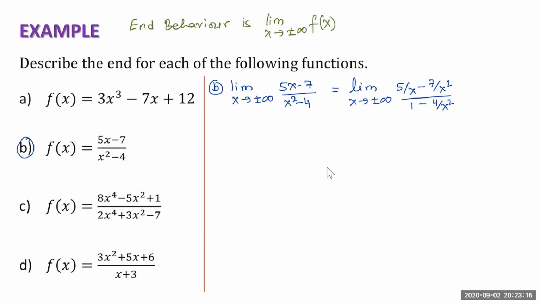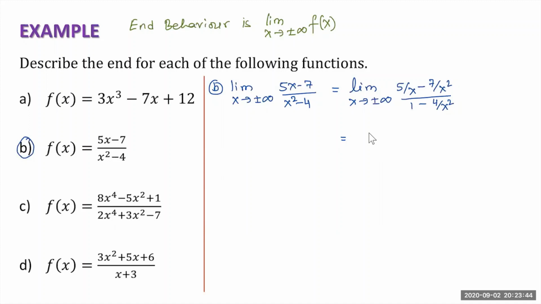Now let's find out what we'll get. If you look at this carefully, when you plug in a very big positive or negative number, you are dividing 5 by a large number. Whether it's positive or negative, that will go to 0. Similarly, 7 over the square of that large number, infinity squared, will be 0. Similarly, 4 over x squared will also be 0.